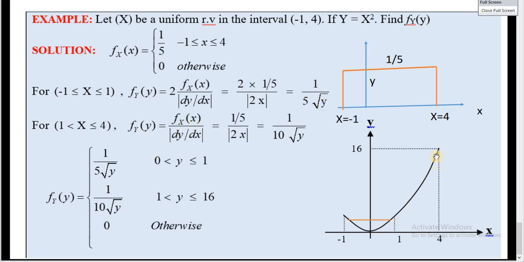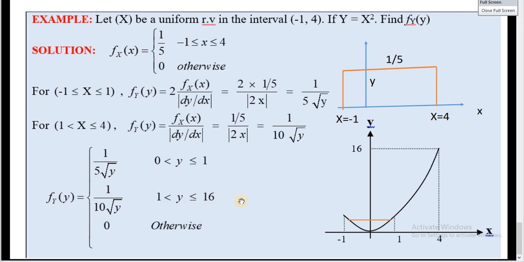For this part, as we said, only one value of x produces one value of y. For the probability density function of y, we don't have the factor of 2, so we have f of x over dy by dx, and the derivative dy by dx equals 2x, and we have 1 over 5. So it's 1 over 10 square root of y, and 0 otherwise.